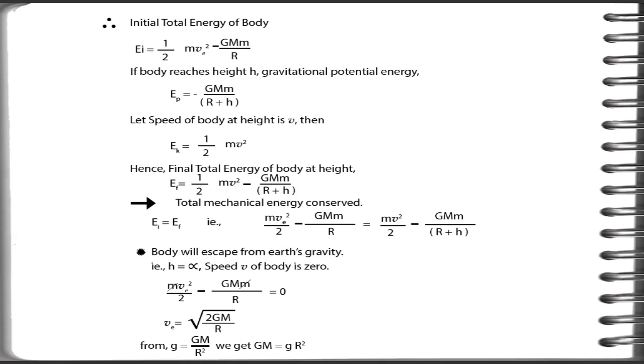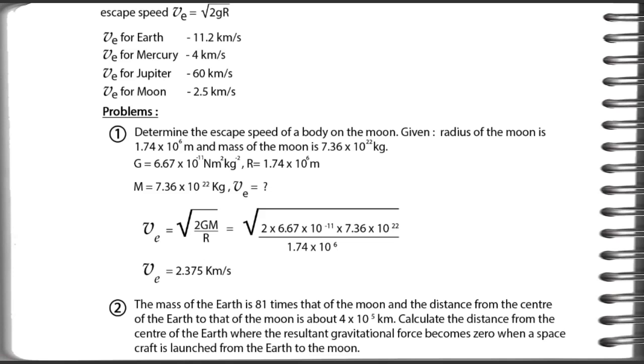In this, m cancels, ve equal to square root of 2GM by r. From g equal to GM by r square, we get GM equal to g r square. Escape speed ve equal to square root of 2 g r.